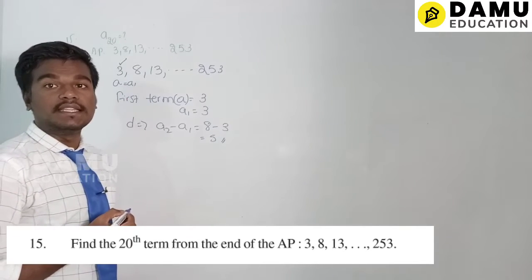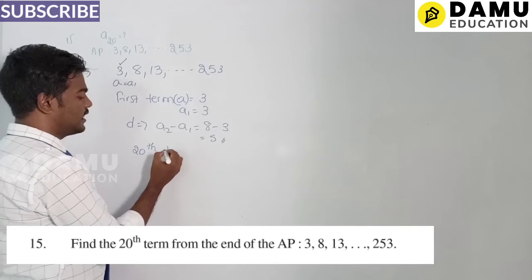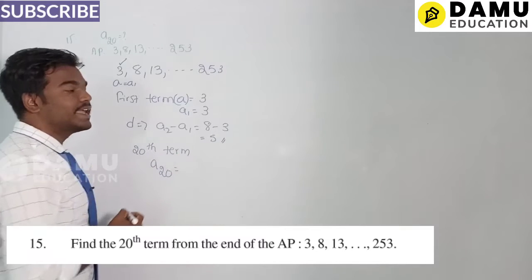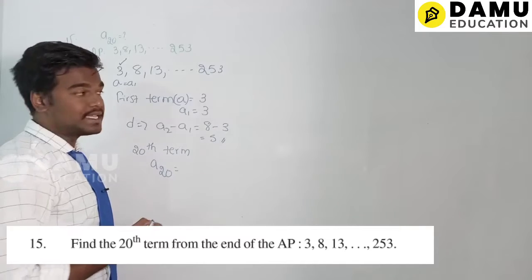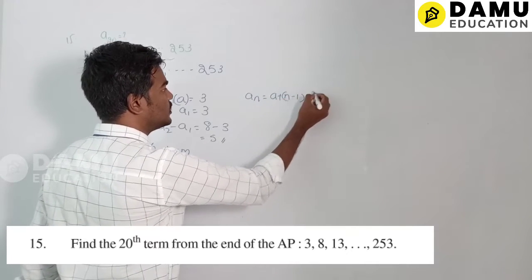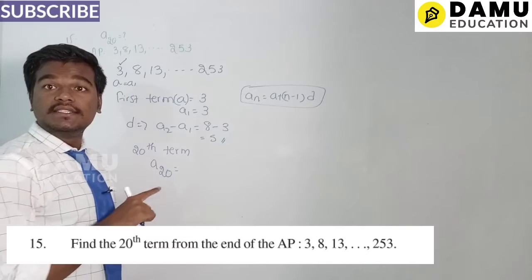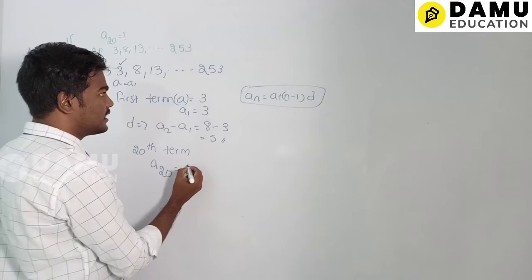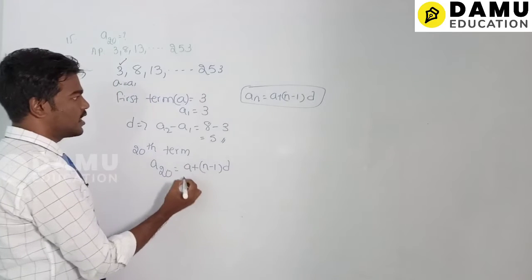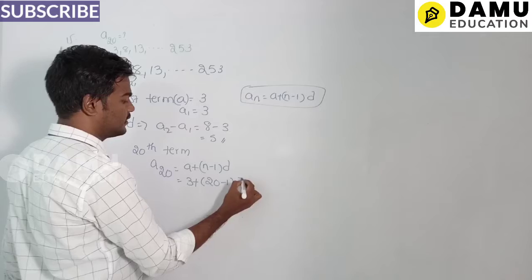Then what is the 20th term? Here they are asking for the 20th term, so a20 will be equal to the nth term formula. We should know the nth term formula: an equals a plus n minus 1 into d. So for the 20th term, a is the first term, that is 3, plus n which is 20 minus 1, into the common difference 5.